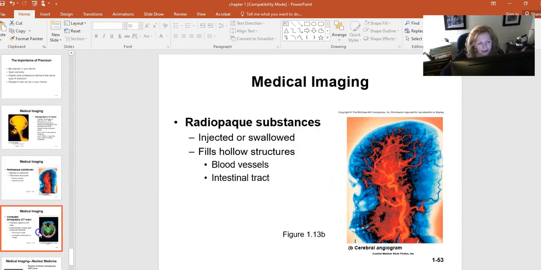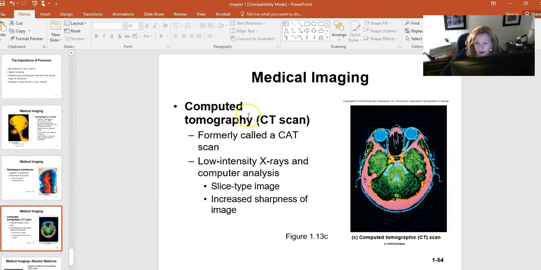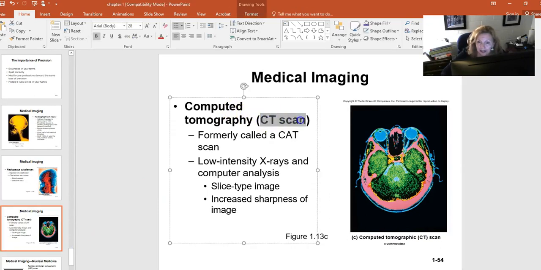But now we have advanced such that we have computed tomography, and that's what CT stands for. You should know exactly what CT stands for. Some people call it CAT scan, but it stands for computed tomography. This is very low intensity x-rays, so these actually are considered really safe imaging.